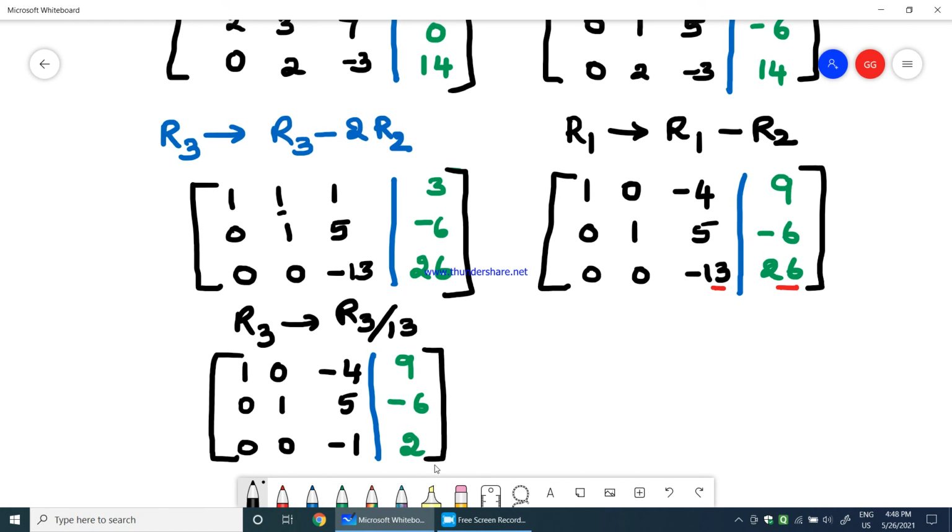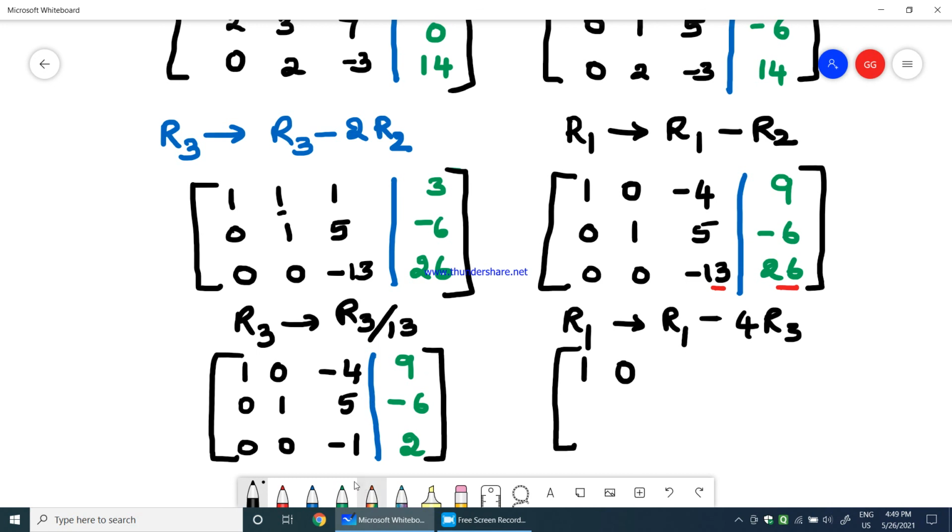Now further what I need to do is make sure that both of these become 0. For that I take R1 to be equal to R1 minus 4 times R3. So what will I get? R1 is 1 minus 4 times 0 is 1 again. 0 minus 4 times 0 is again 0.